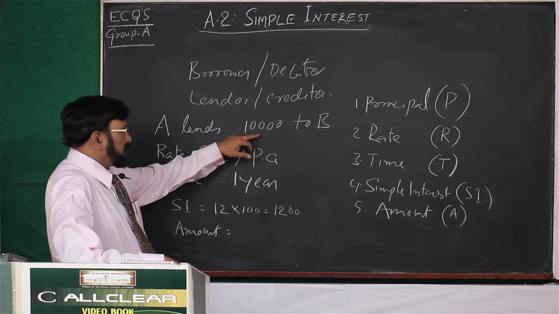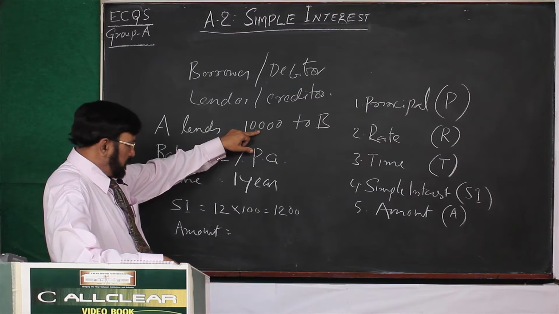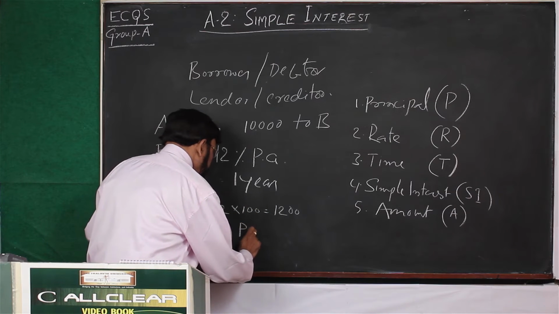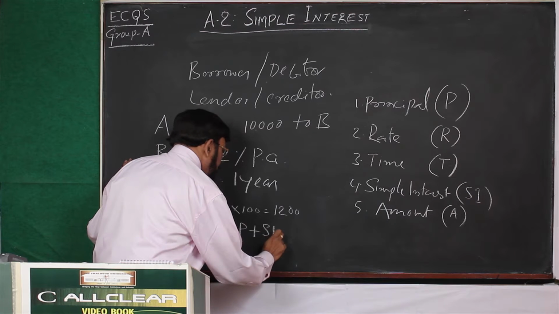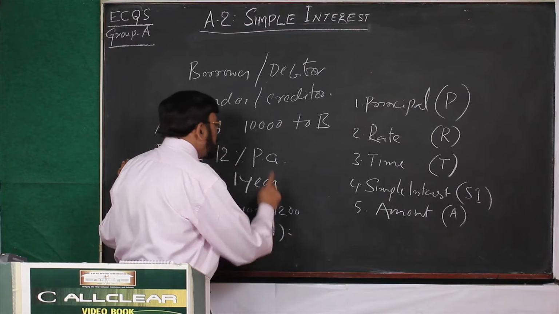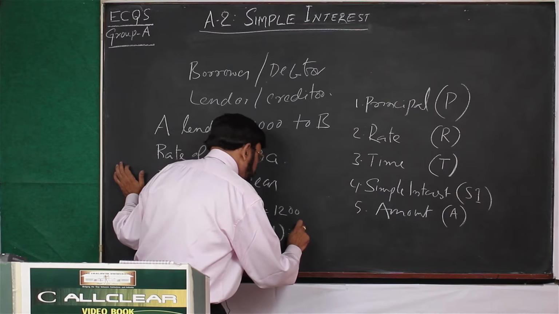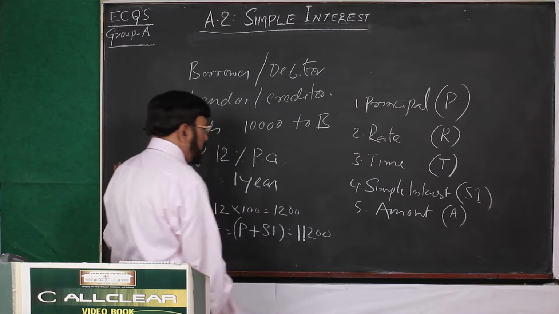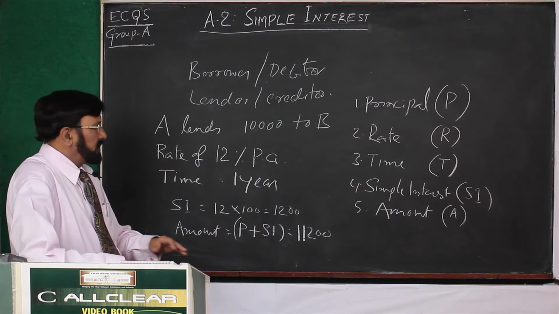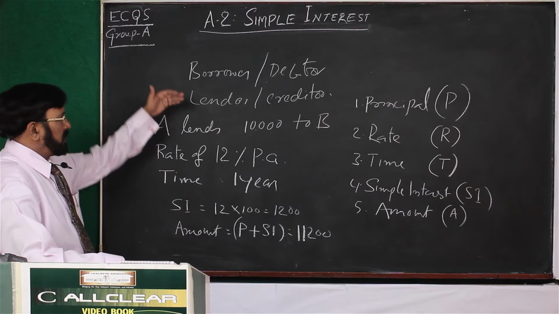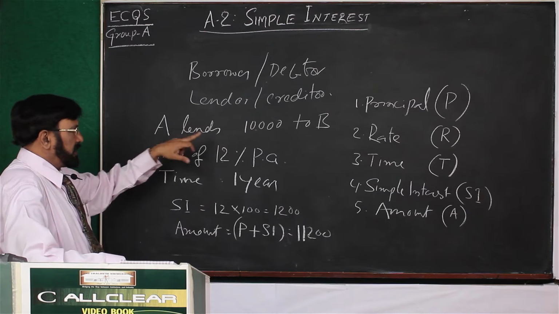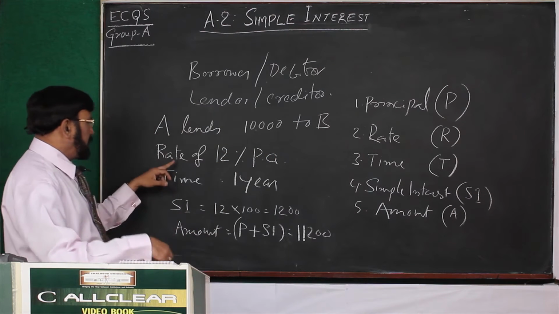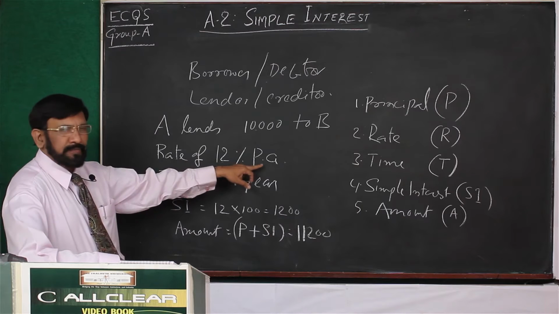And the amount, the sum of principal and simple interest, we can write it as P plus SI. That is 10,000 plus 1,200, total 11,200 rupees is the amount. Just briefly understand. Now, A lent 10,000 rupees to B. The 10,000 is called principal, and the rate of interest is 12% per annum.